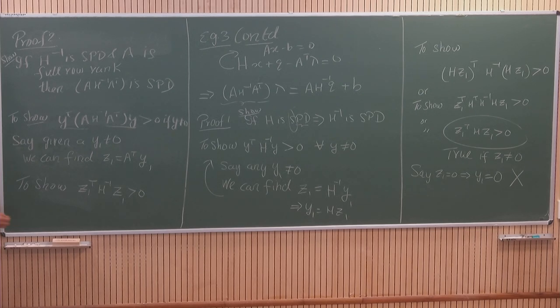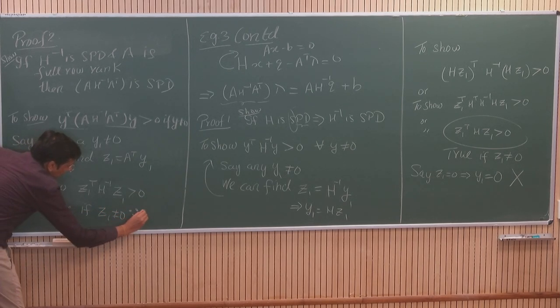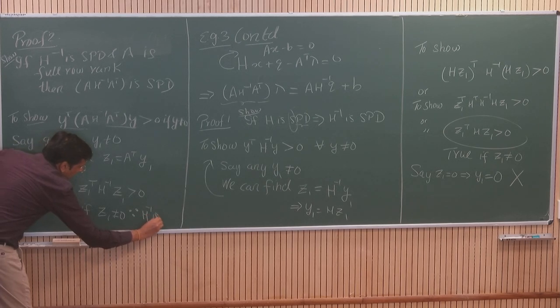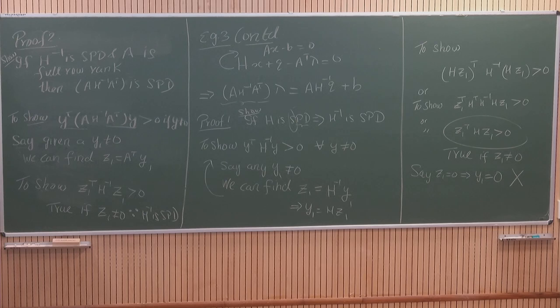Yes, this is true if z1 is not equal to 0, because h inverse is SPD. The definition of SPD was: multiply with any vector on left and right and you should get a positive quantity. Everybody with me? Okay.